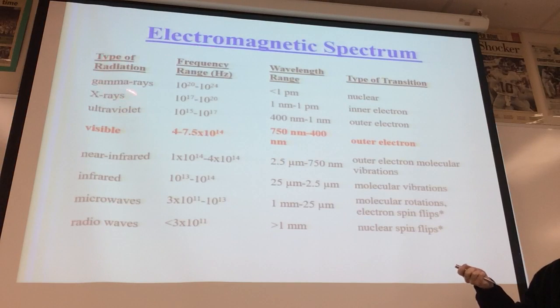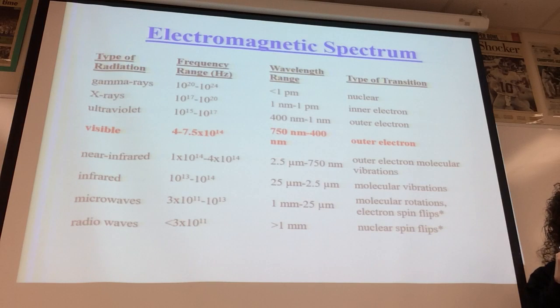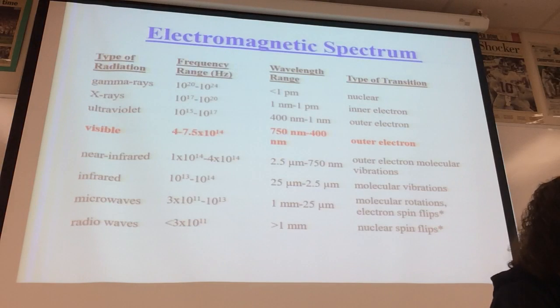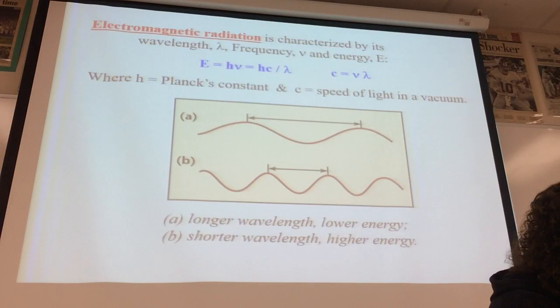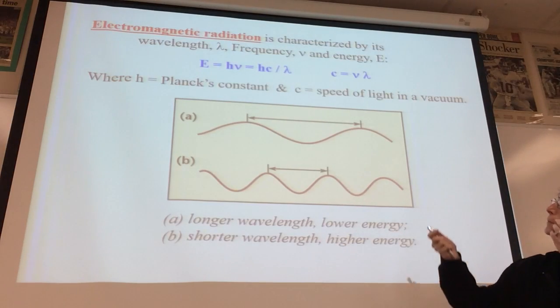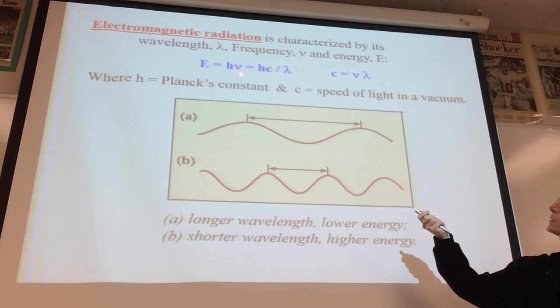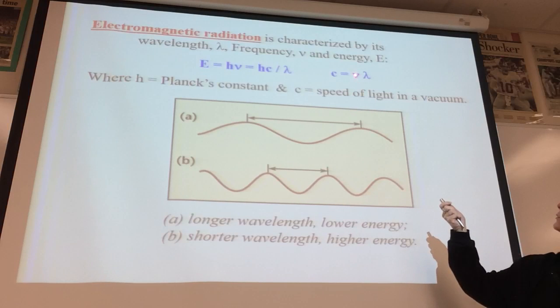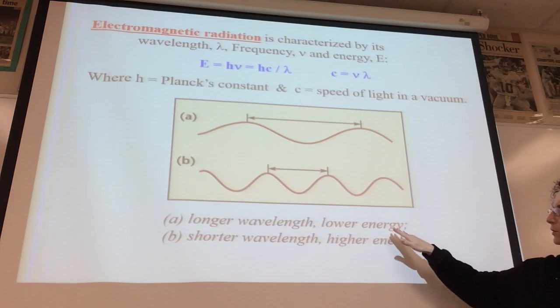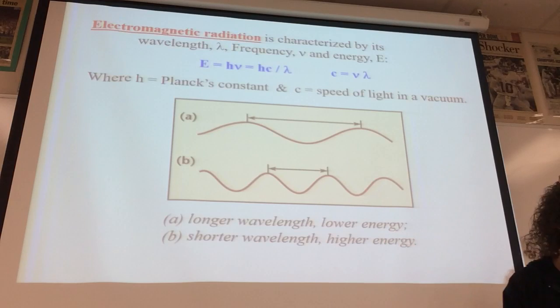Also, you'll recall that X-rays are required to eject electrons that are in innermost shells, that are core electrons, and we talked about that as well with PES previously. We know the relationships between energy and frequency, and between frequency and wavelength. The longer the wavelength, the lower the energy.